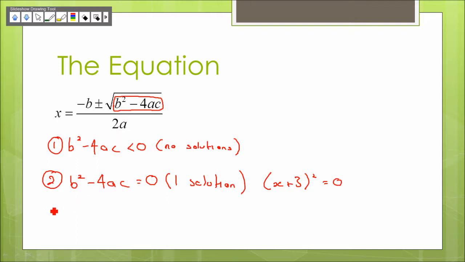Now that leaves only one remaining outcome, and that is if the discriminant b squared minus 4ac is greater than 0, i.e. it's a positive number, there are in fact two solutions, and that's the type that we've mainly been dealing with. That means x is going to equal one number or another number.